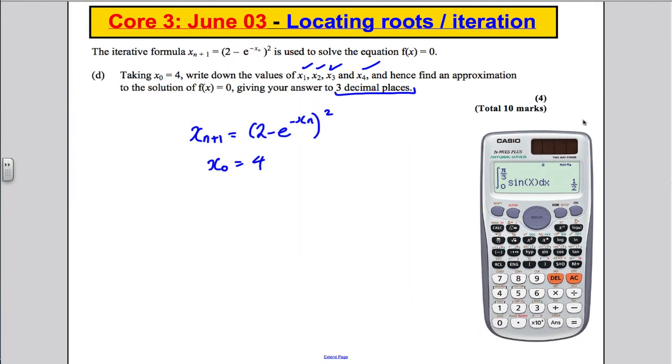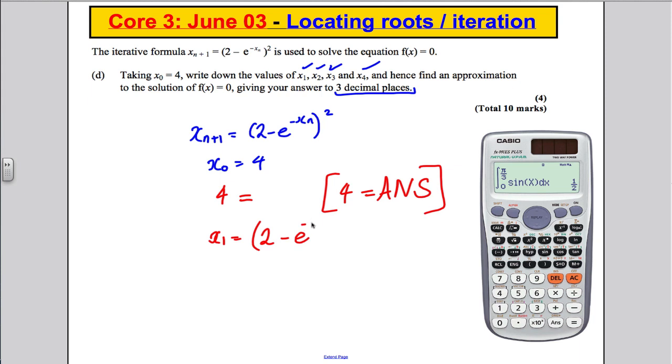Remember, my emulator's not working, but basically the first thing you would do on your calculator, so in red I'm writing what you do in your calculator, you would type 4 equals on your calculator. This makes 4 be equal to the answer function on your calculator. To get x1, you would type open brackets 2 subtract e to the power of negative Ans, close brackets, and you would type squared.